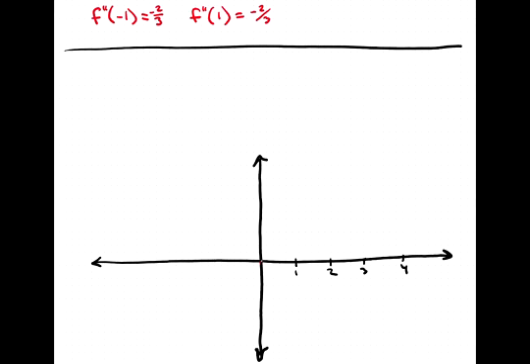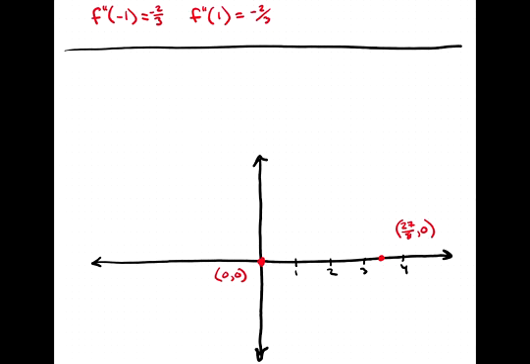We have an x and y-intercept at 0, 0. We have an x-intercept between 3 and 4, at the point 27/8, 0. So those are our x-intercepts and y-intercepts.